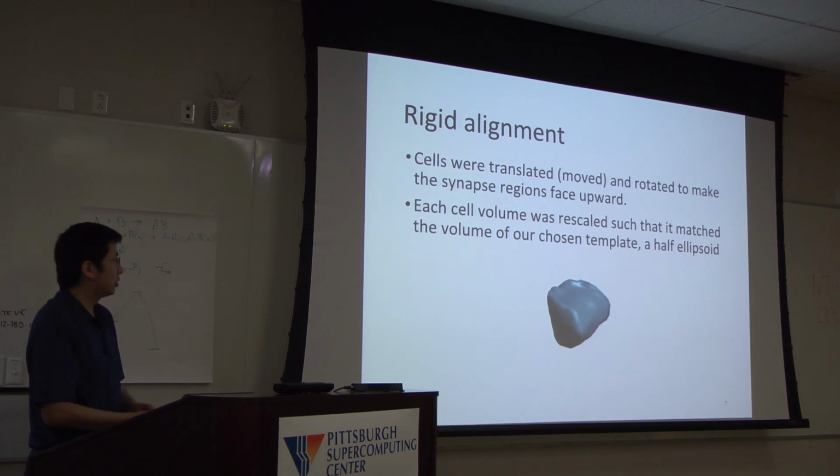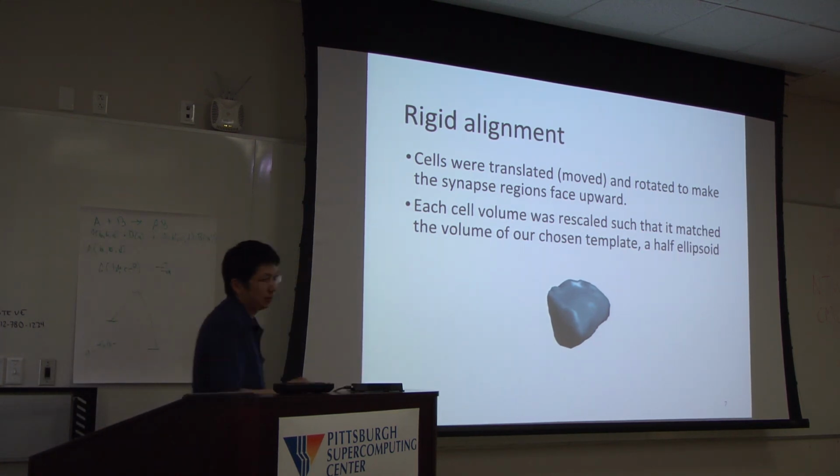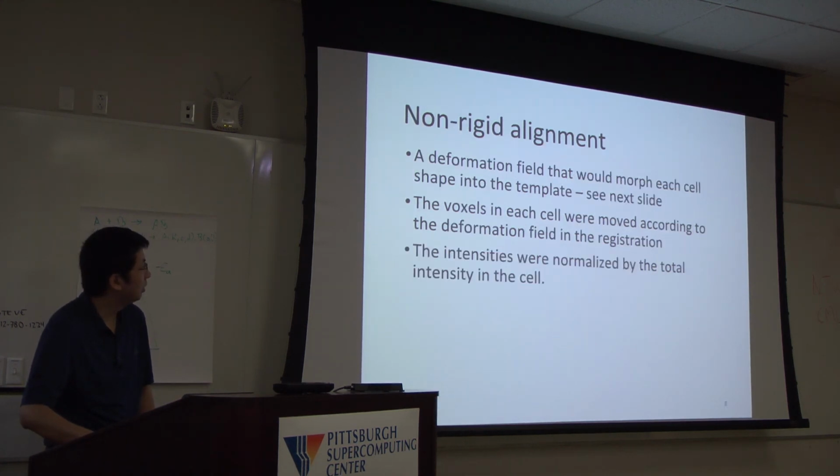And also we rescale the cells so that their volumes are the same. Here we choose the volume using our template, a half ellipsoid. I will mention it later.